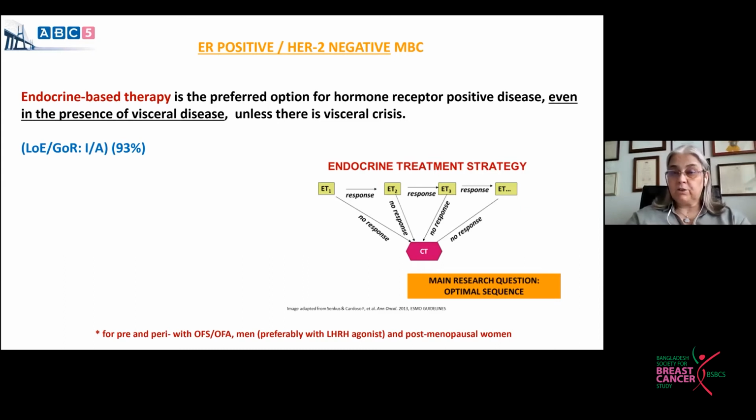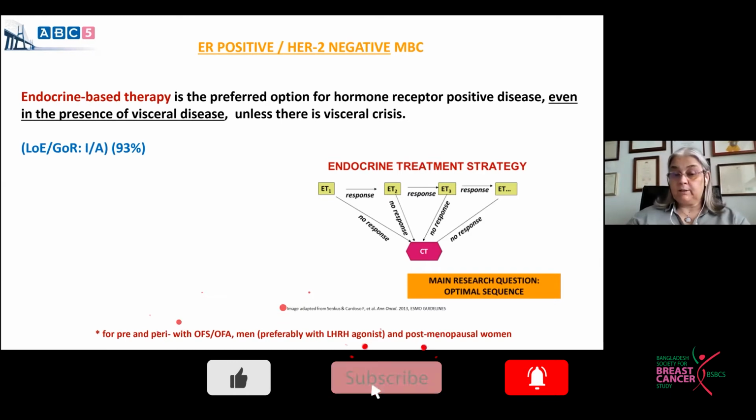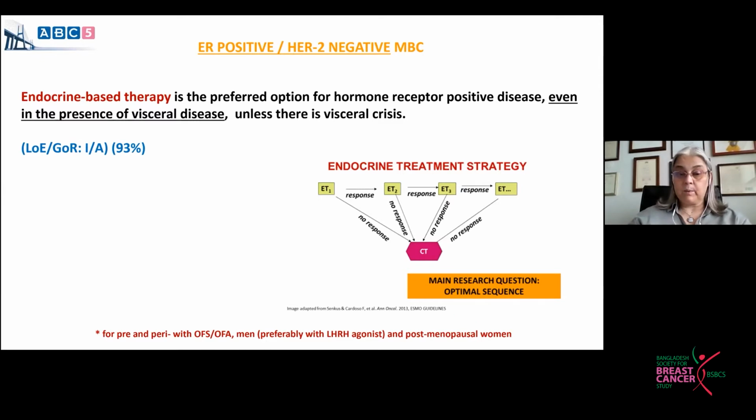The only reason to go for chemotherapy is if you have no response at all with the endocrine-based therapy, or if you are out of options from the endocrine-based therapy, and then you can and should go for chemotherapy. And this applies to postmenopausal women, premenopausal women, and also to men with breast cancer.